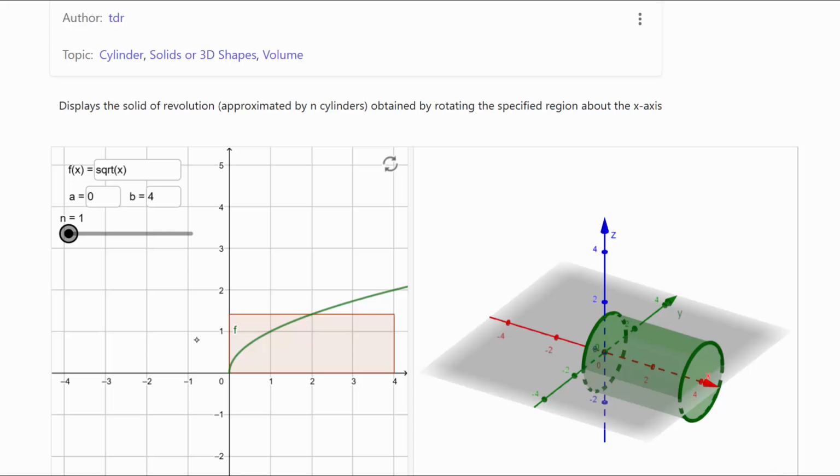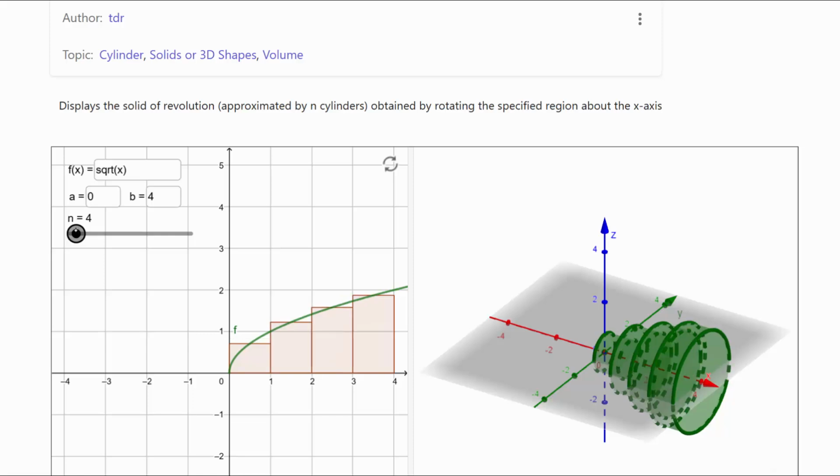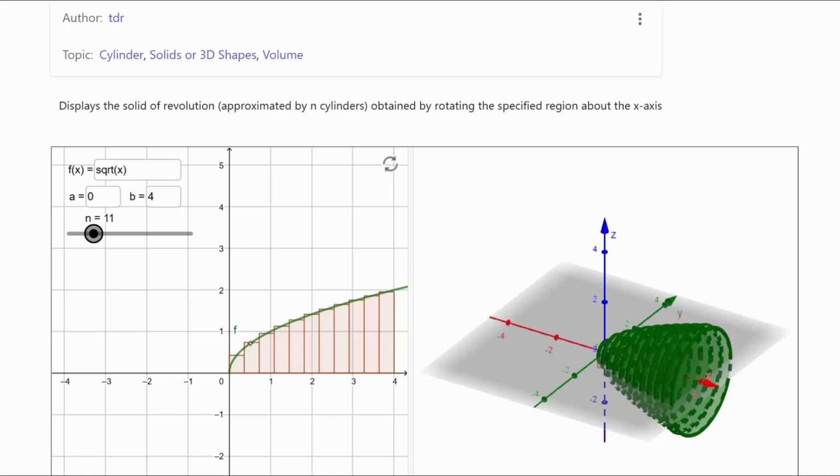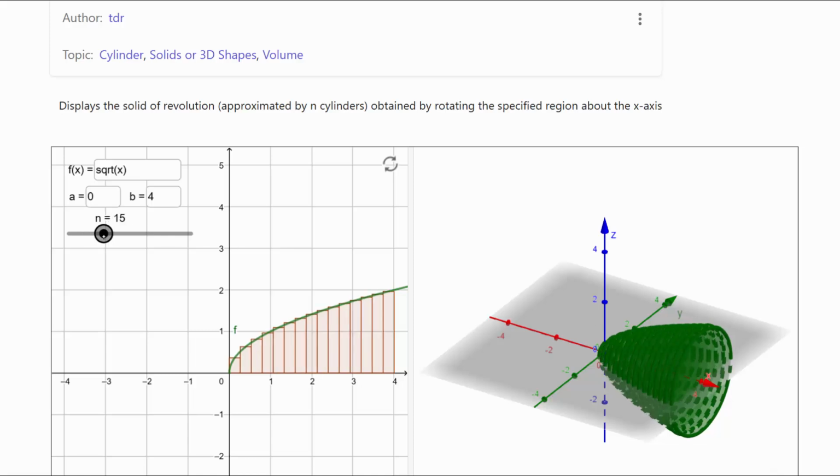Now here's a second animation, and I can choose the number of elements I take here. So with 4, you see that I produce 4 cylinders, which would approximate the volume generated. As we increase the number of those, notice how we're seeing more and more of the elements over here, and notice how this is becoming a smoother curve.